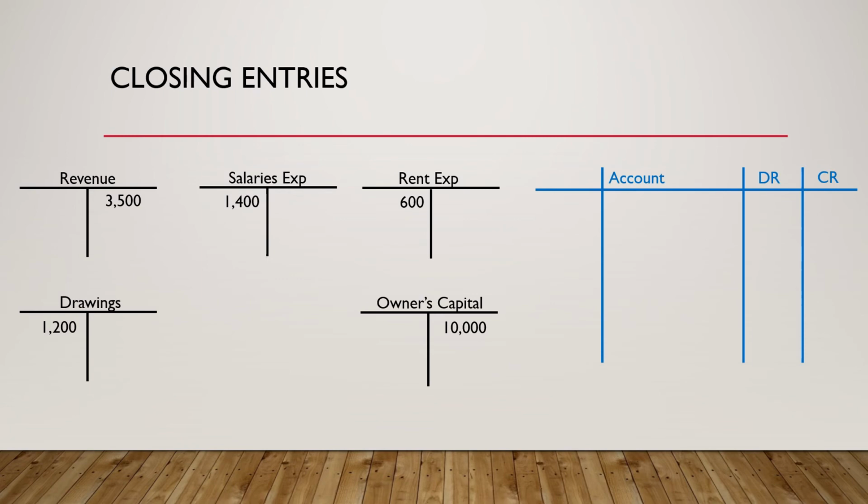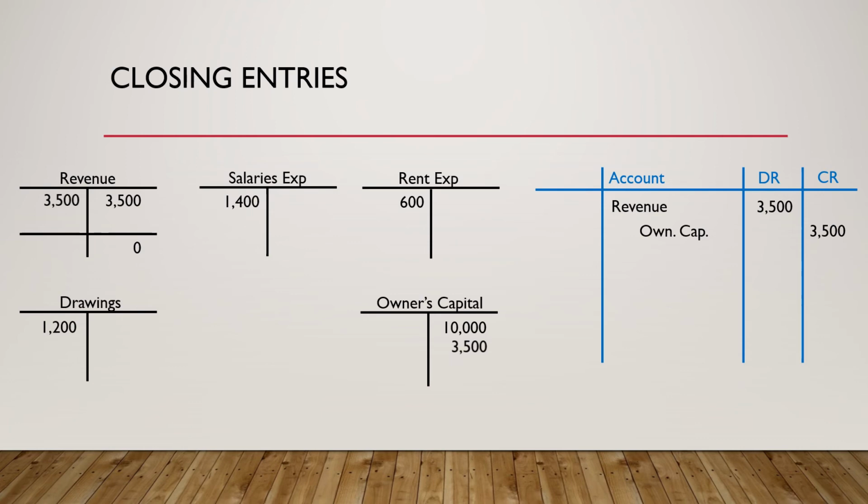This is not how your textbook shows it, but another, perhaps more intuitive way to prepare closing entries is as follows. Instead of one entry, we'll move the balances in revenue and expenses to owner's capital separately. First, debit revenue and credit owner's capital.